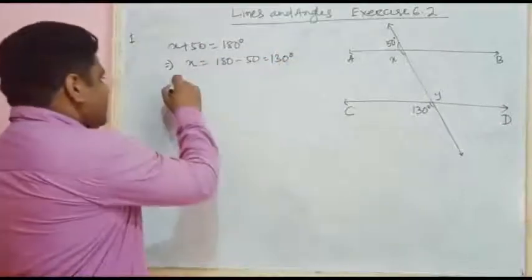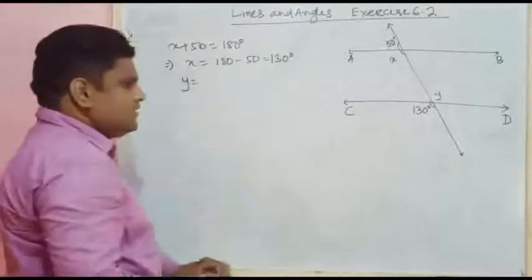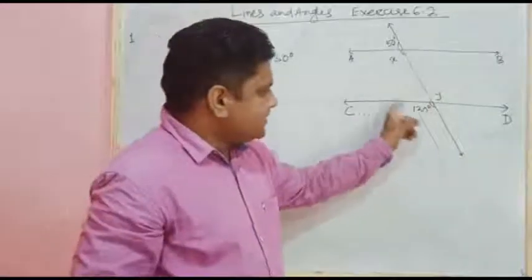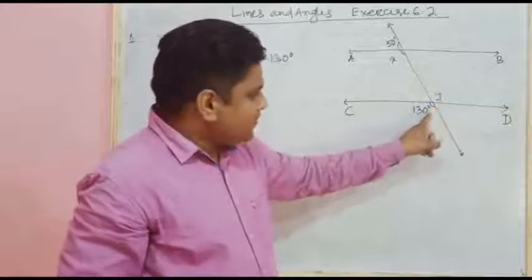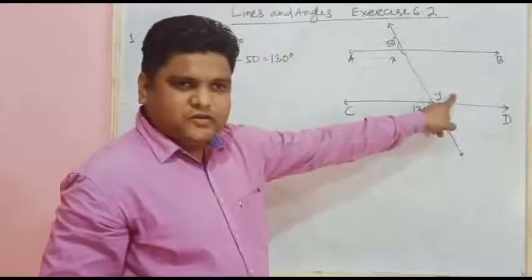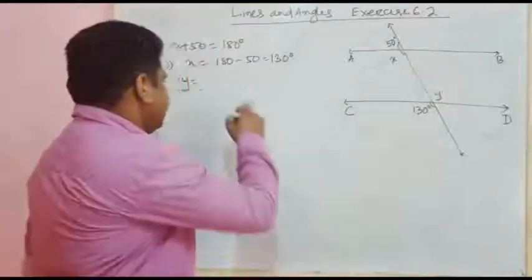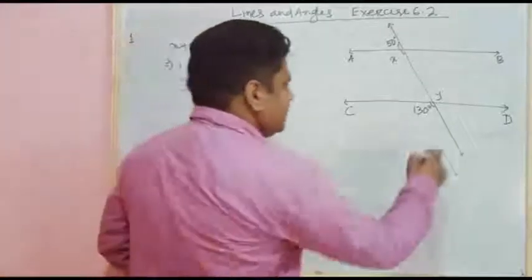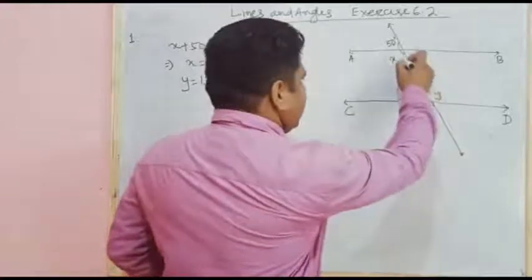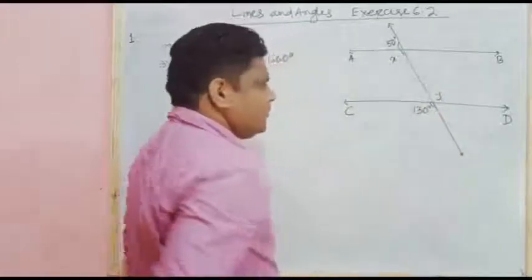Now y equals how much? See here, two lines intersect each other, so the vertically opposite angles are equal. So 130 and y must be equal, so y is equal to 130 degrees.